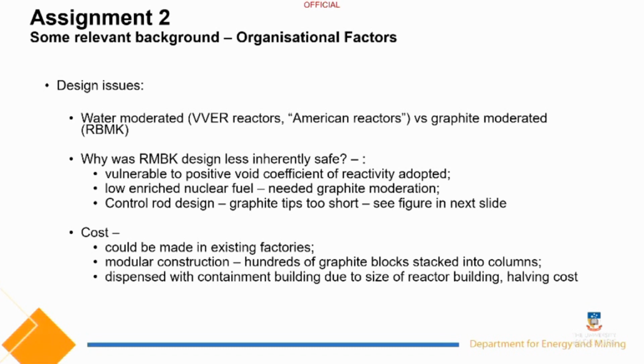They were modular in construction, just hundreds of graphite blocks stacked onto each other with the pressure tubes in the middle. And the biggest issue, which I explained earlier, they dispensed with the containment building due to the size of the reactor building. They decided they would not build a containment building because they had this preconception that these reactors would not explode. And that led to a halving of a major cost.